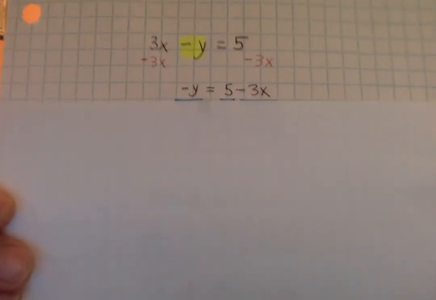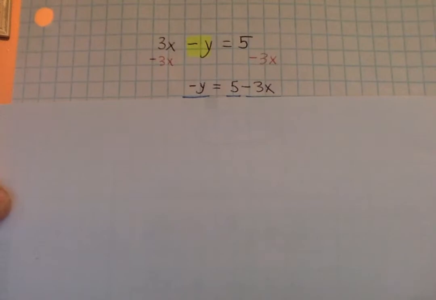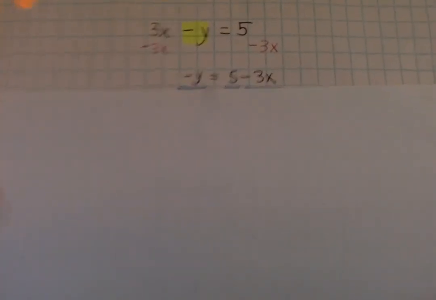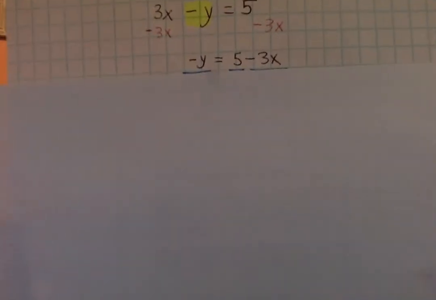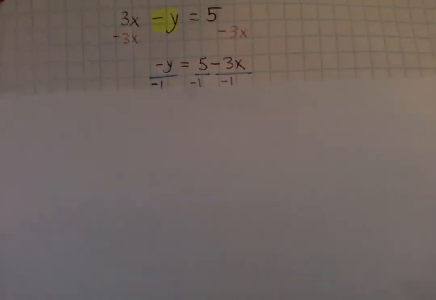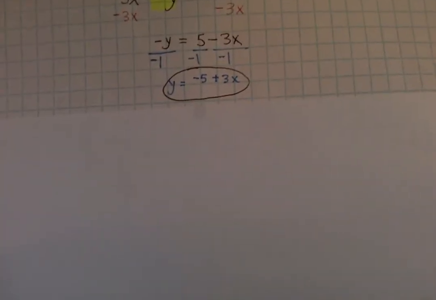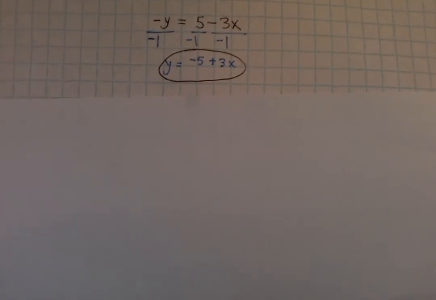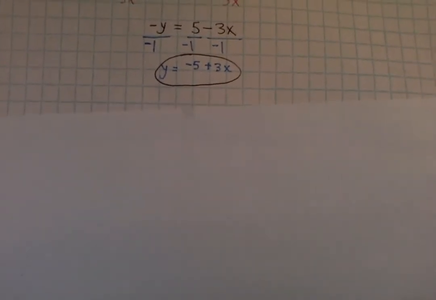So here's where people tend to kind of think they're done or they forget the negative. So we're going to divide by a negative 1 because that's negative 1y. We want to know what positive y is. So we'll divide everything by negative 1. Changes all your signs, which is really what that means. Just change all your signs and now you have it.